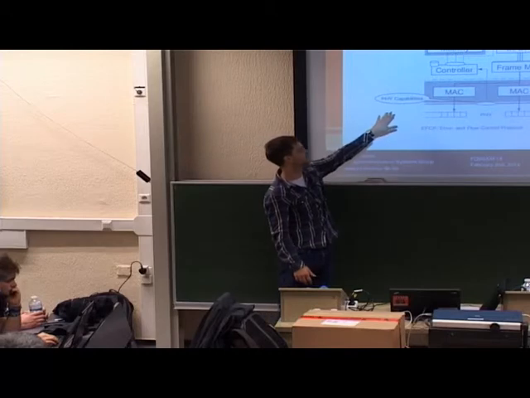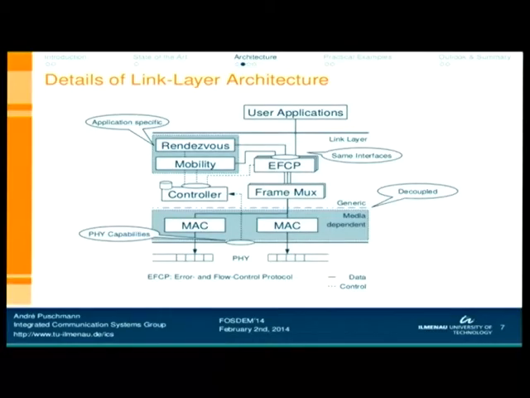The physical layer signals the link layer which capabilities it has, which channels it can access, which modulation schemes it can use. And the controller is able to store per link, per flow, for instance, the transmit power it needs to configure the channel to in order to reach a certain station.